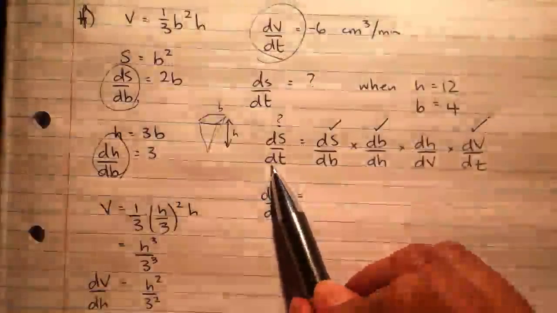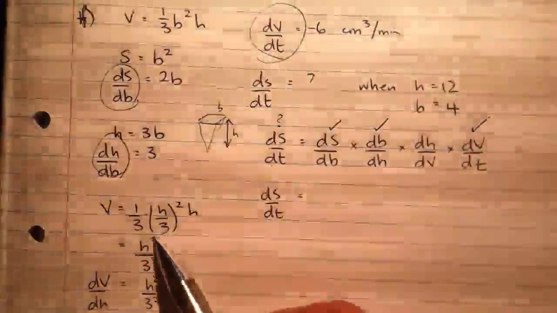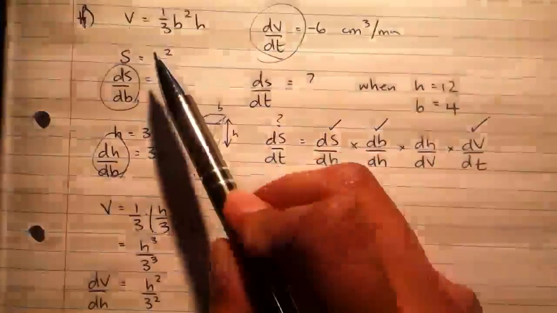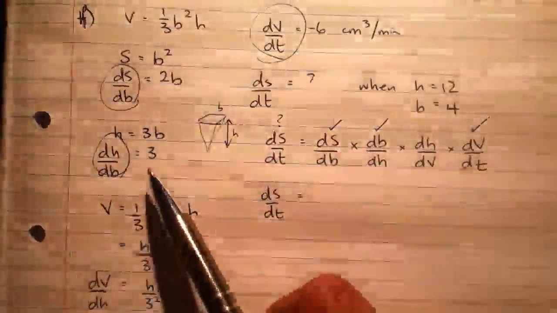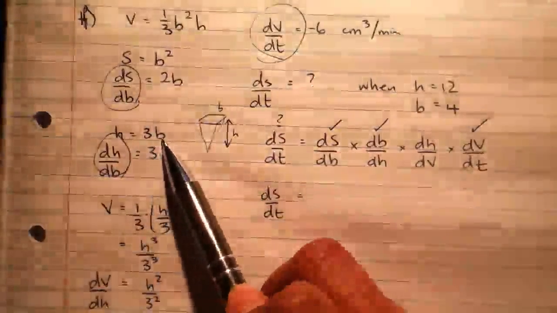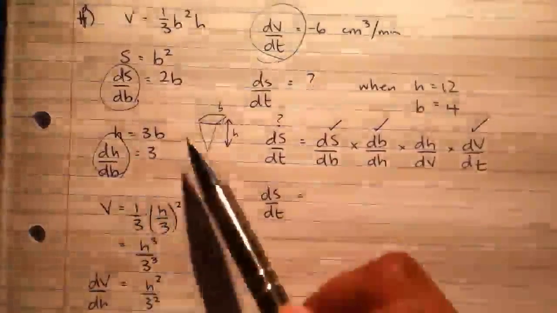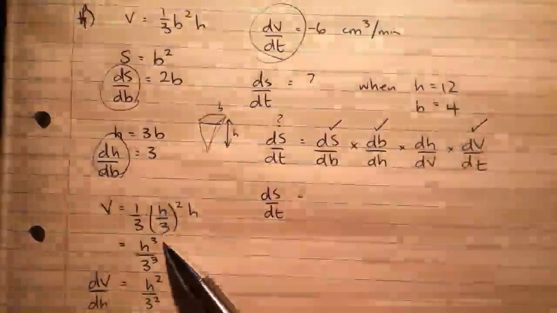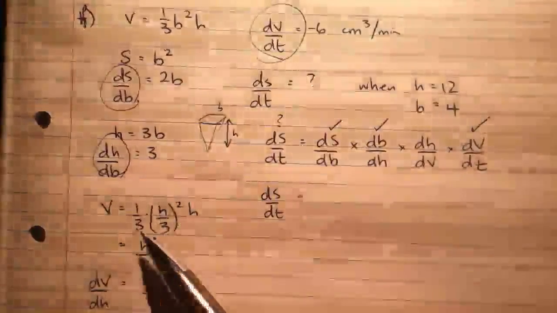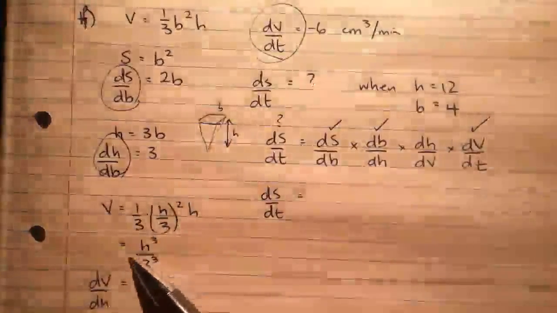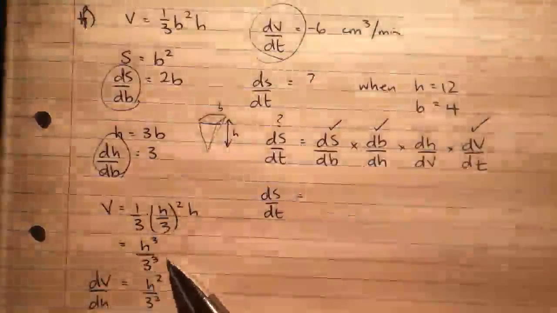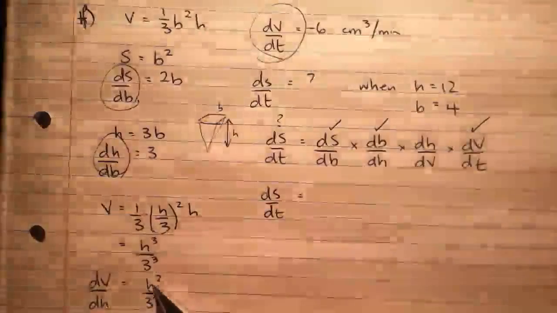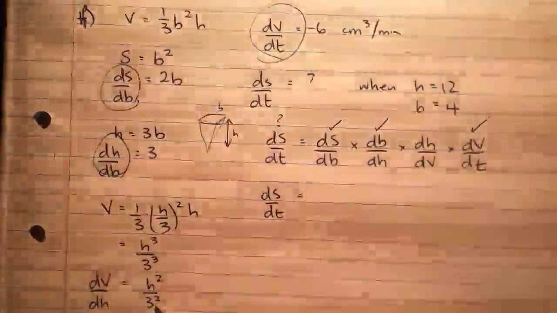So if I substitute into my volume equation from up here the fact that B is equal to h upon 3, replacing that B with h upon 3 and simplifying, I get volume in terms of one variable rather than 2. I can now differentiate this with respect to h, and I get h squared over 9.